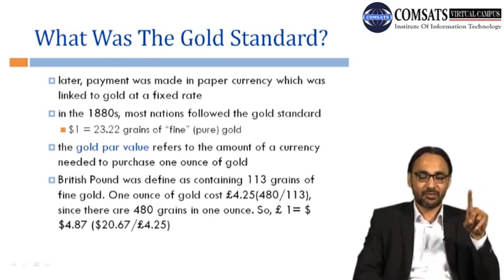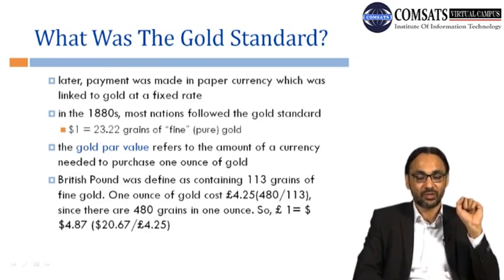The British pound was defined at the same time as containing 113 grains of fine gold, and 1 ounce of gold cost 4.25 pounds, which is 480 divided by 113, since there are 480 grains in 1 ounce.